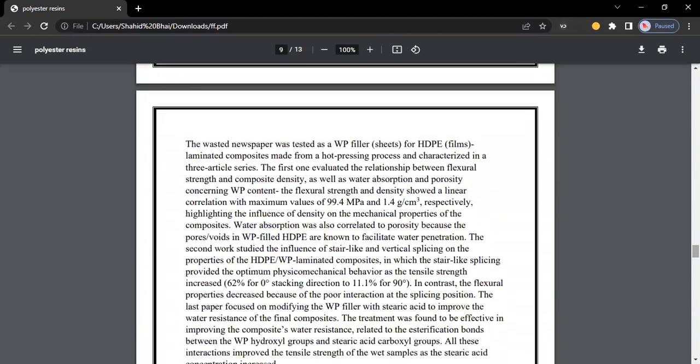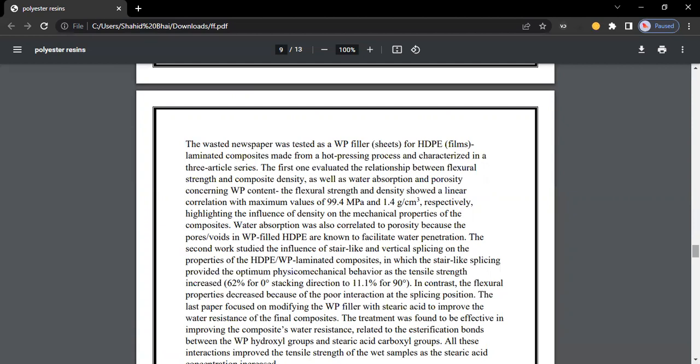Now, the waste newspaper was tested as filler sheets like laminated composite made up by the hot pressing process and characterized in a 3 article series. The first one related the relationship between flexure strength and the composite density, as well as water absorption and porosity concerning WP content.